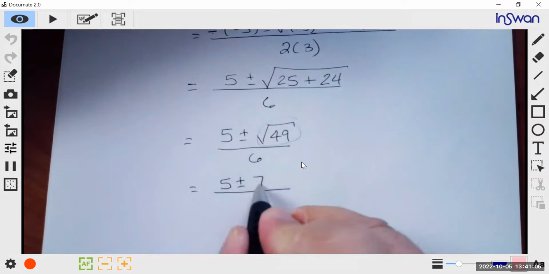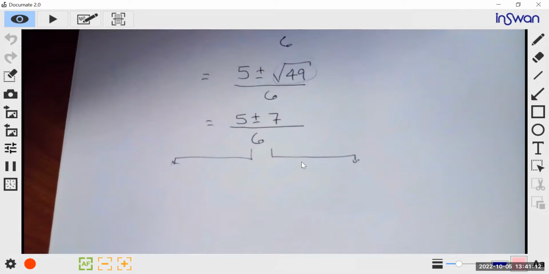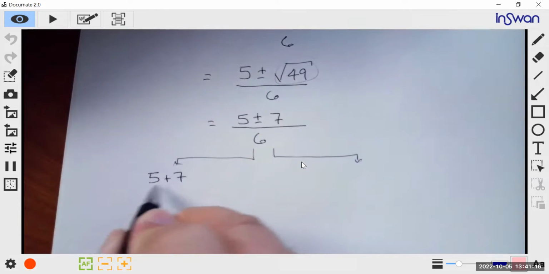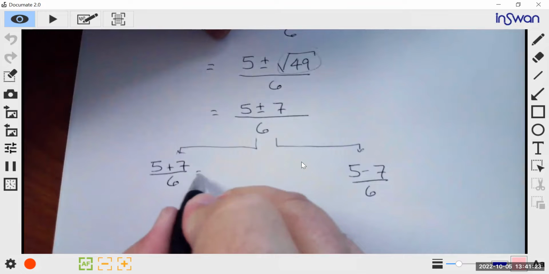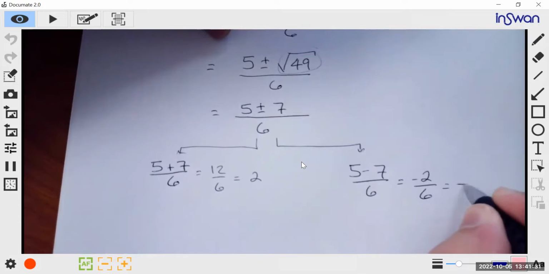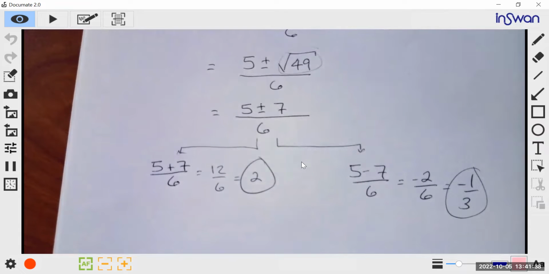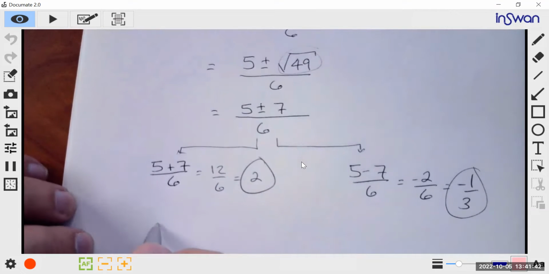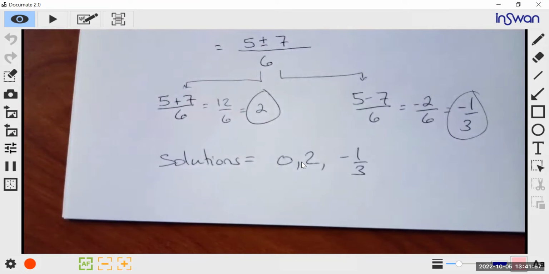Square root of 49 is 7. 5 plus 7 over 6 and 5 minus 7 over 6. So my solutions are 0, 2, and negative 1/3.